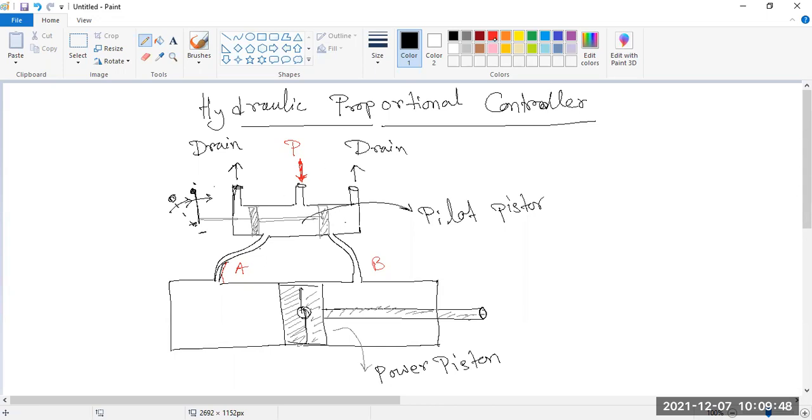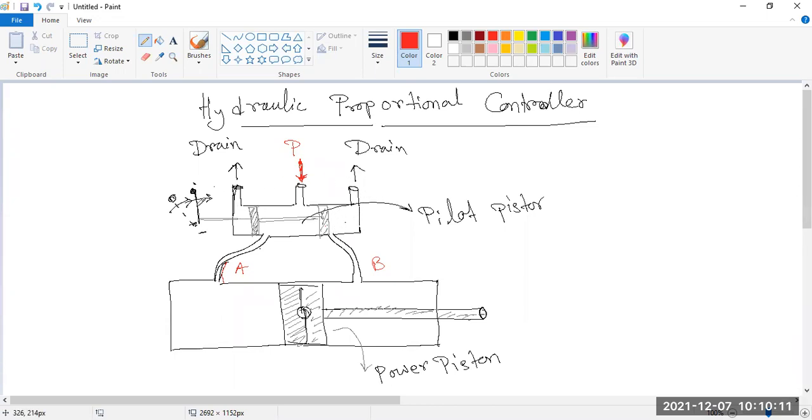Only, because in this position this spool is covering this drain area, no fluid will be connected with this drain. Here P is not connected with this B because this spool is just covering this B position, and only B is connected with this drain.